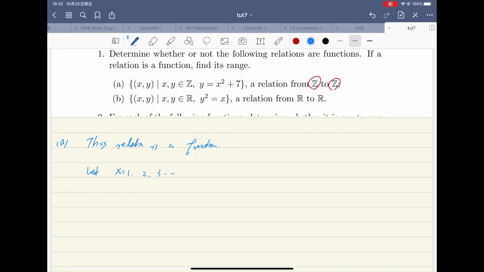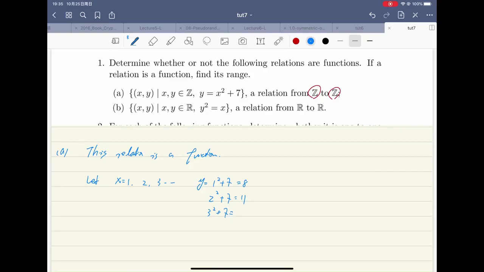We get y equals 1 squared plus 7 equals 8. 2 squared plus 7 is 11. 3 squared plus 7 should be 16, right?